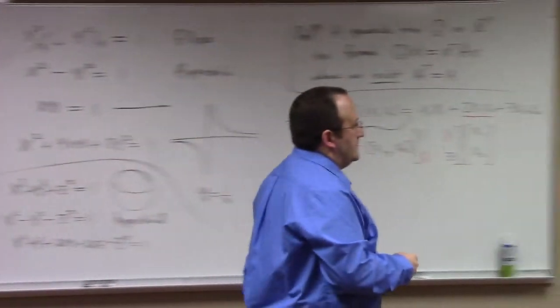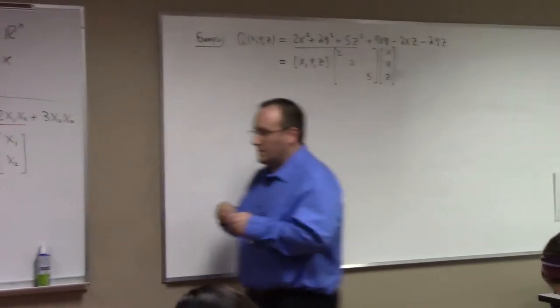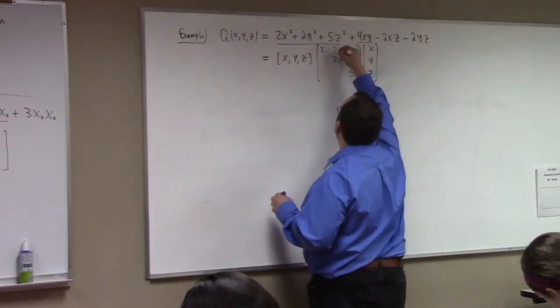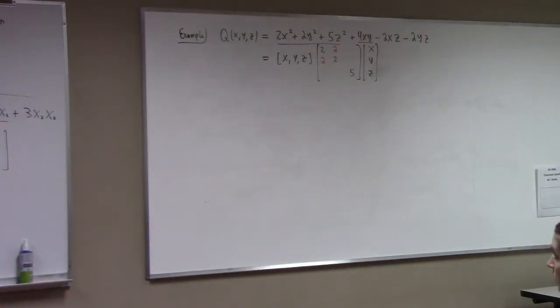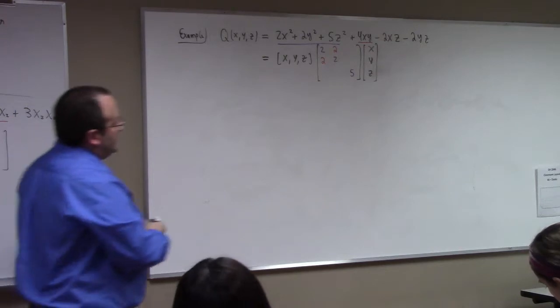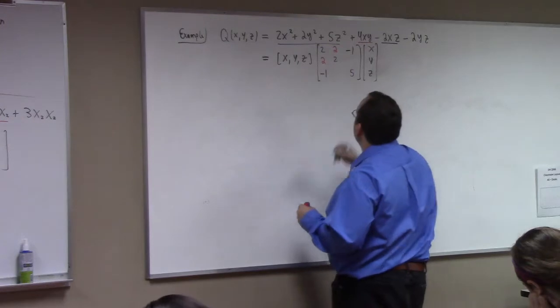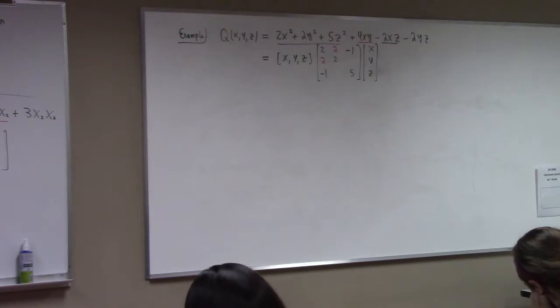So we have a 2, a 2, a 5, that's from these terms. The xy term gives me a 2 here and here. The xz term gives me a minus 1 here and here. And finally, the minus 2yz term gives me the remaining minus 1s in the matrix.